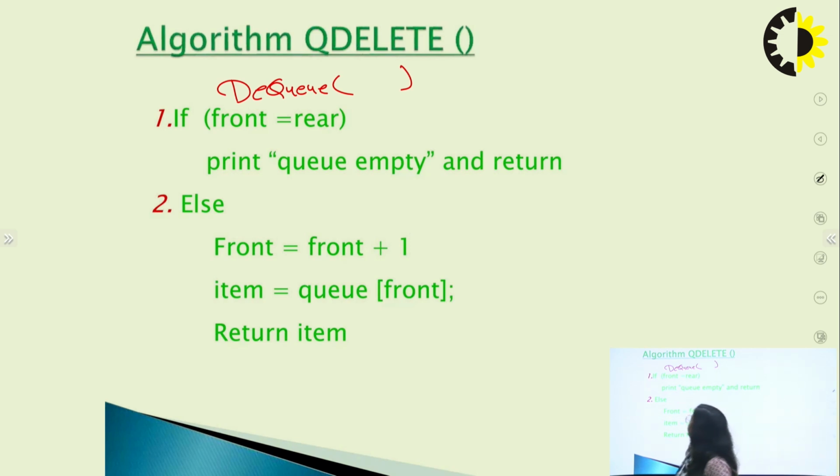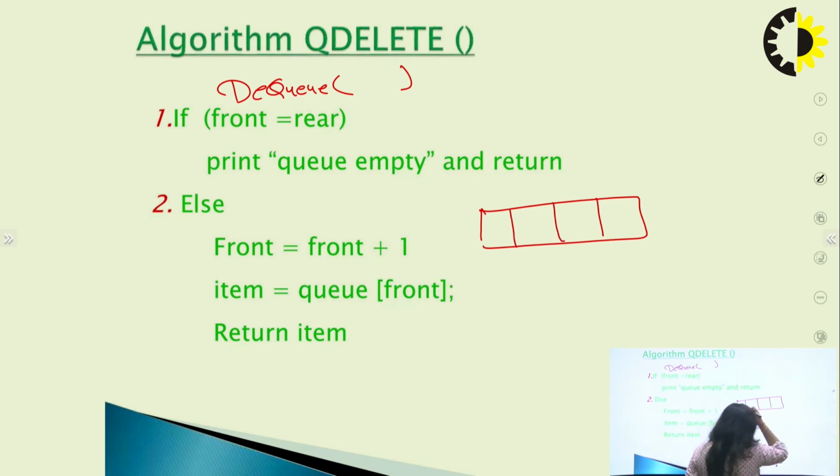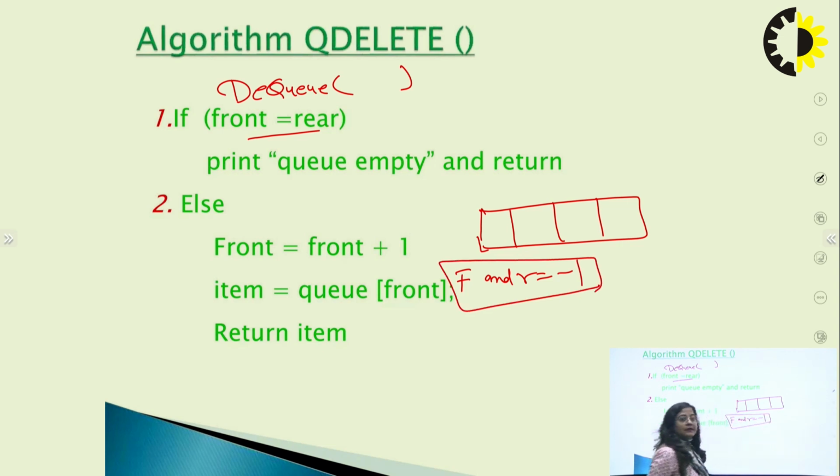Here we check if front equals rear. According to this, if your front and rear are both equal to -1, then print queue empty and return.